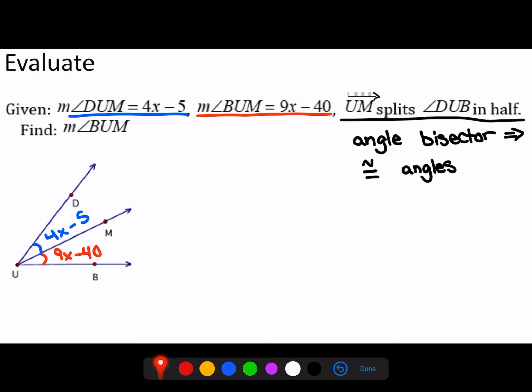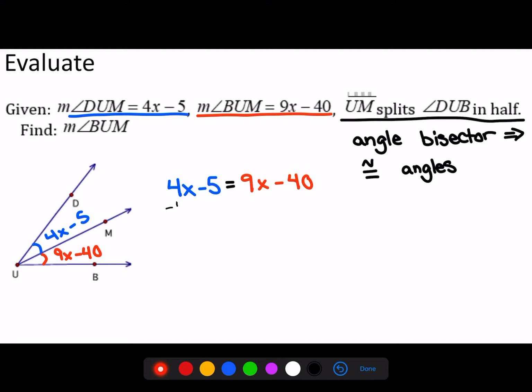Now, if two things are congruent, that means that they are the same. And if two things are the same, we should be able to set them equal to each other. So this will lead to angle DUM is equal to angle BUM. So 4x minus 5 is equal to 9x minus 40. From here, we can go ahead and solve for x.